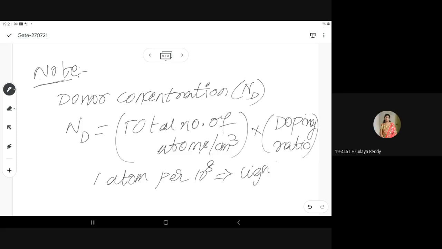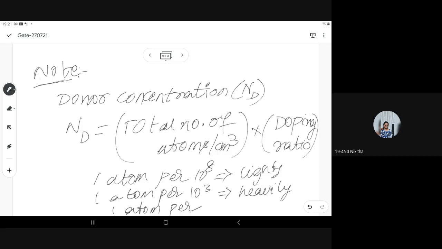Similarly, one atom per 10 cube is heavily doped. What about medium doped? One atom per 10 power 6. Sometimes they will give 10 power 5 also. So it is a medium doped diode. This is called the doping ratio.